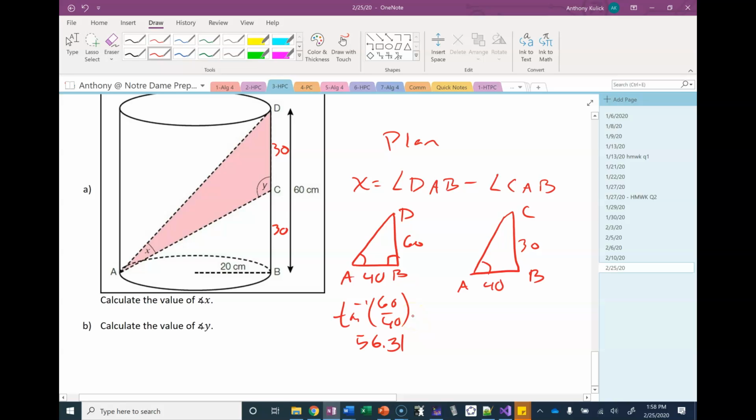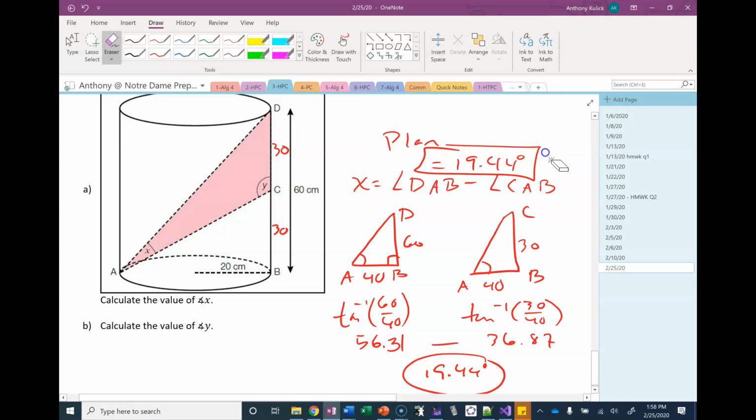And then we have the tan inverse of 30 over 40. So when I take 56.31 and subtract it from the previous, I get 19.44 for X. Are you happy with that, Meg? Okay.